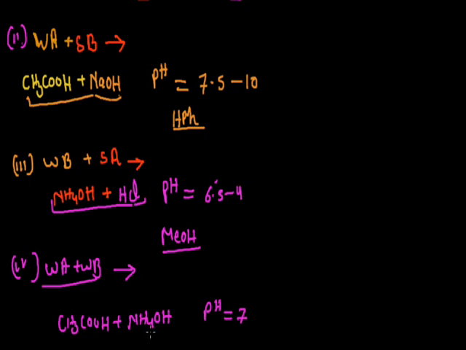So no simple indicator can be employed for detection of the equivalence point. So we have different types of acid-base titration, and according to the substance, first we select the indicator, that may be methyl orange or phenolphthalein, and after selecting the indicator, we start our titration process.